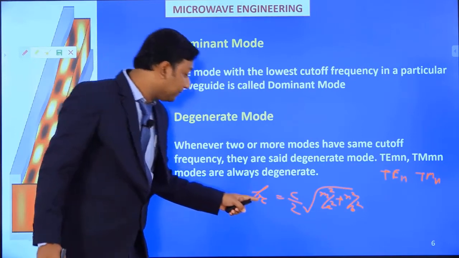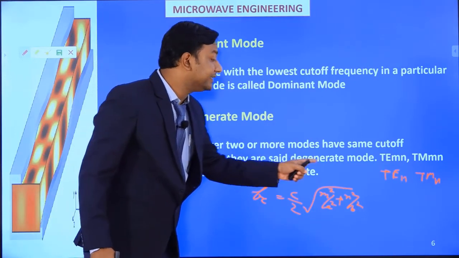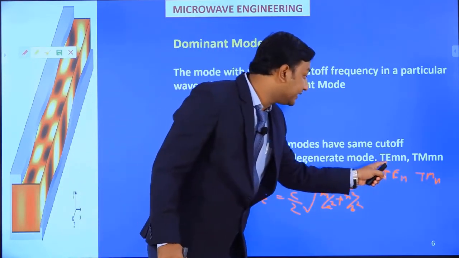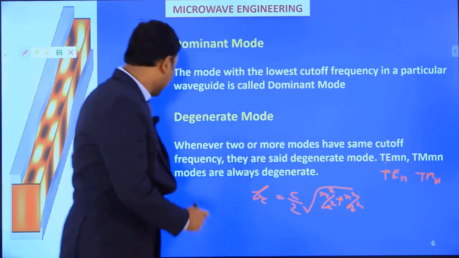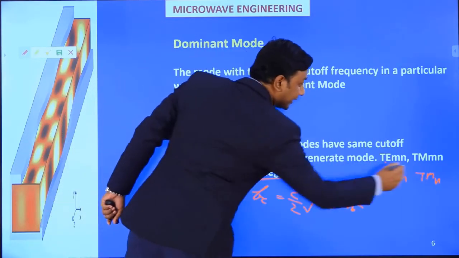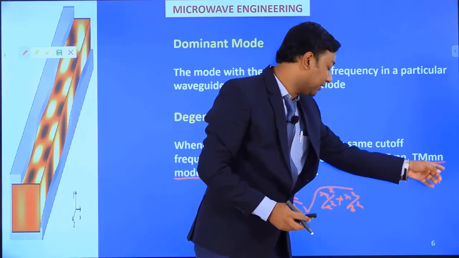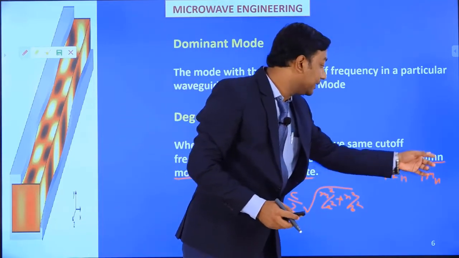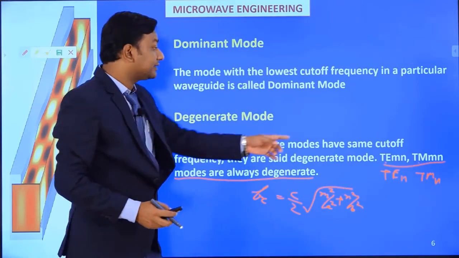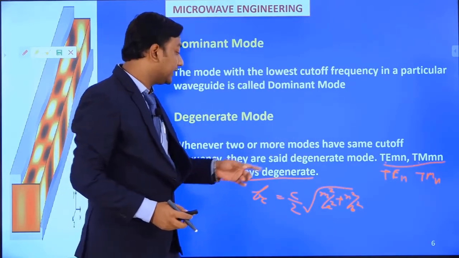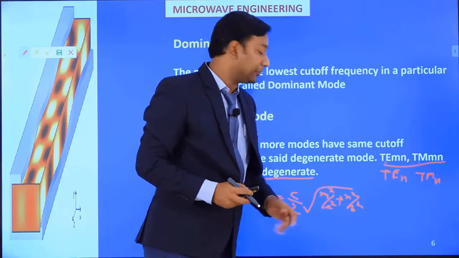That's why TEmn and TMmn modes are always degenerate, because for TE11 or TM11, similarly TE22, TM22, we get the same cutoff frequency. So that is called degenerate mode.